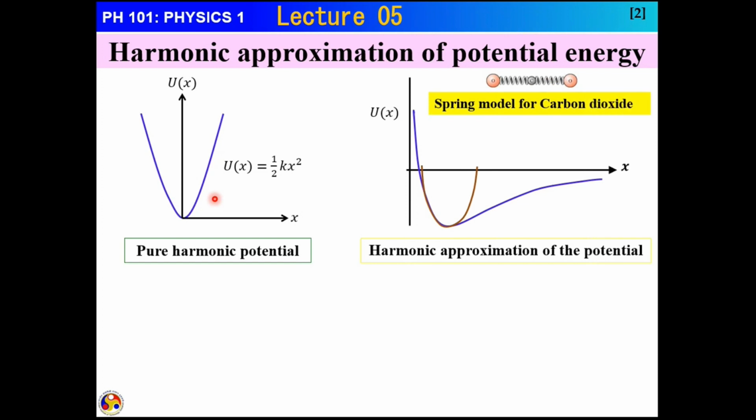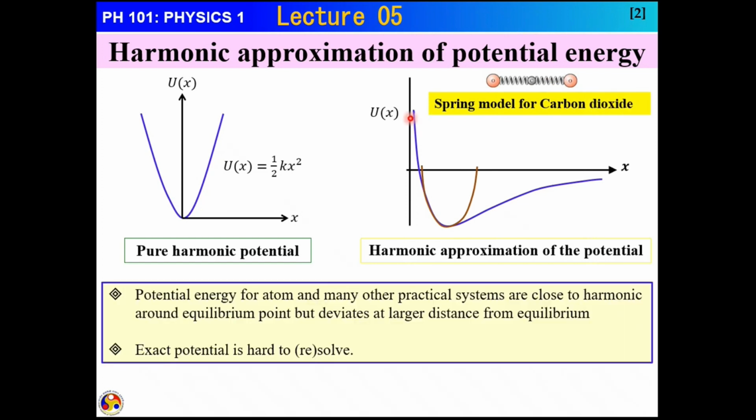But in the real situation, the potential will not be that easy. It can be very complicated. And this blue curve is the potential for the carbon dioxide molecule.